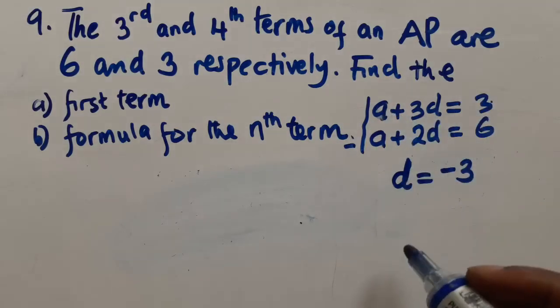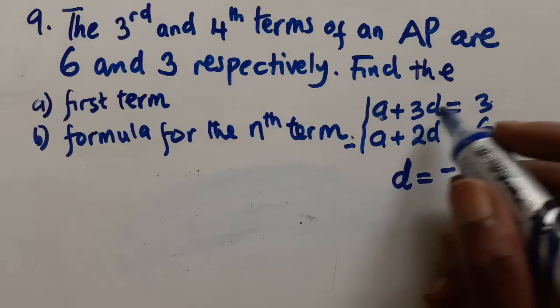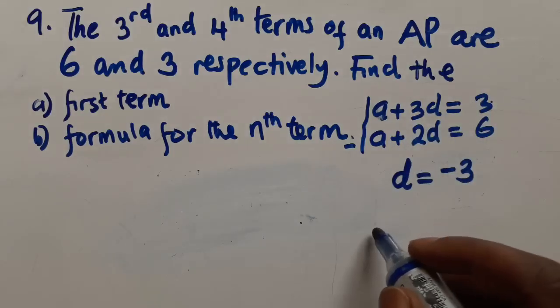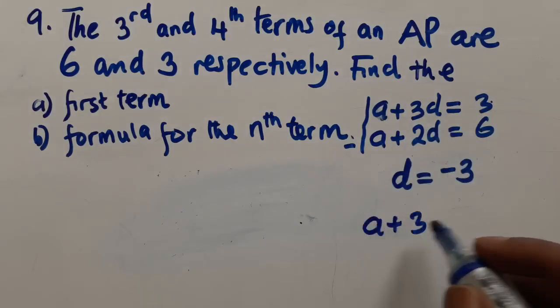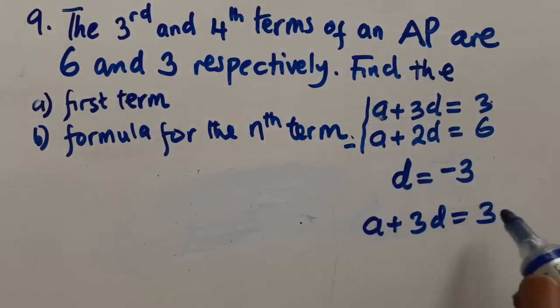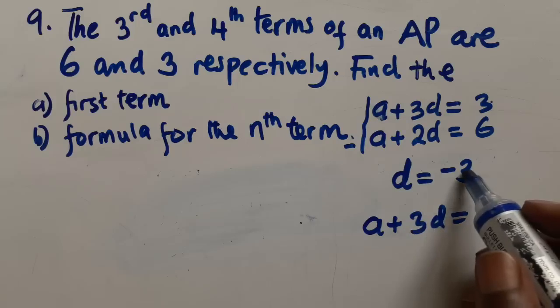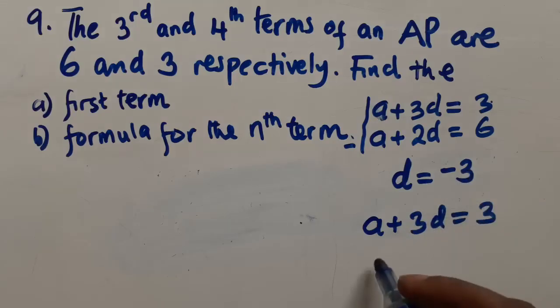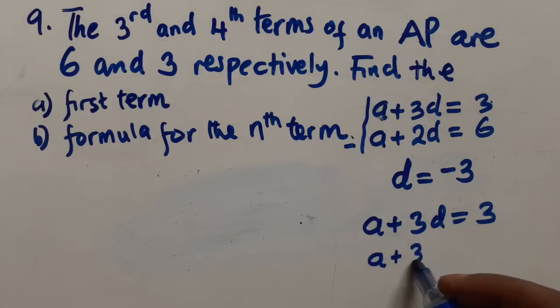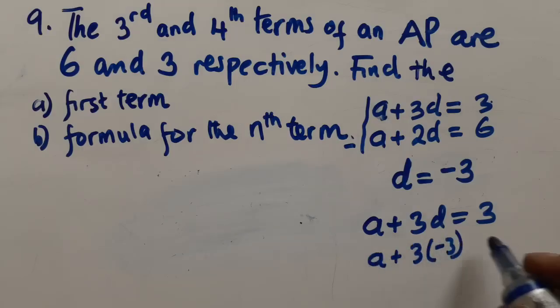So A is the first term. To get the value of A, we use one of those two equations. Where there is D, we put negative 3. So we say A plus 3 times negative 3 is equal to 3.